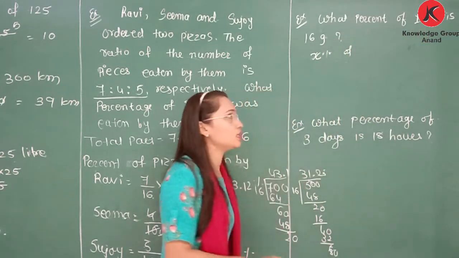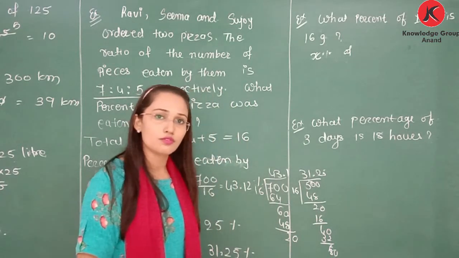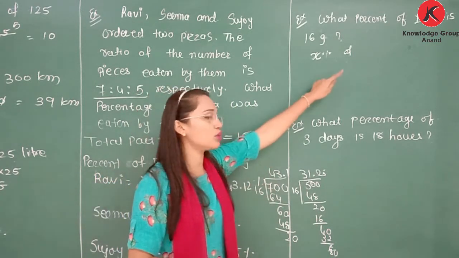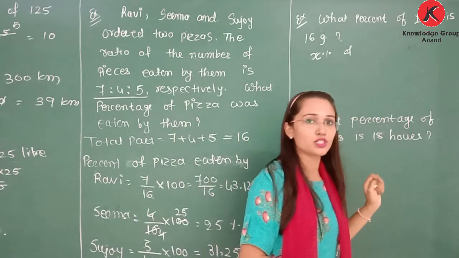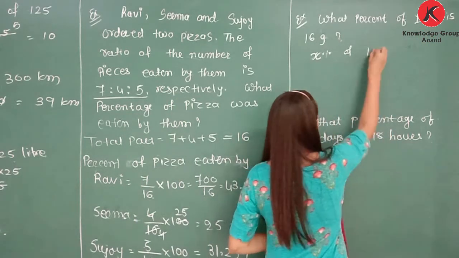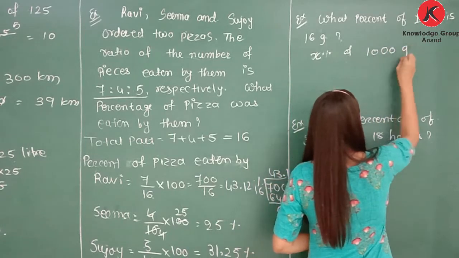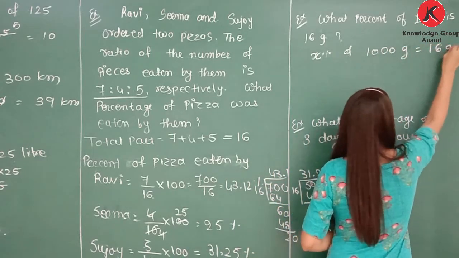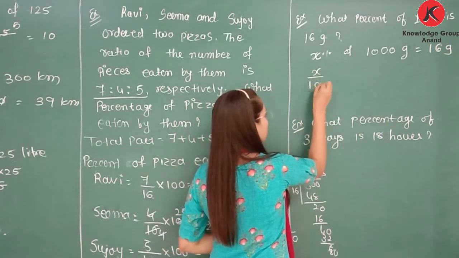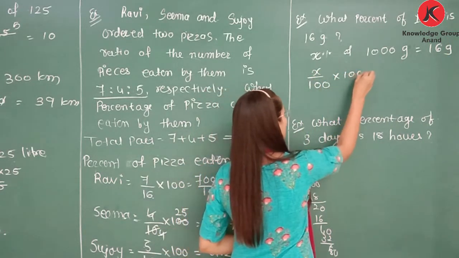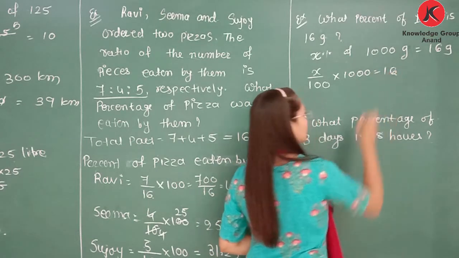So first we convert to the same unit, multiply with 1000, that is 16.